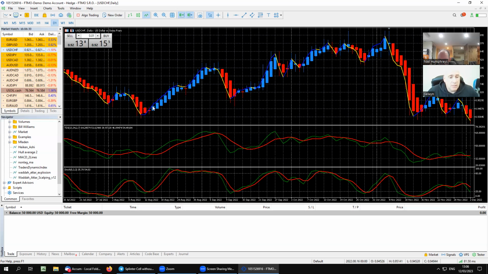Normal candles form at the end of the candle, don't they? These are formed at the beginning of a candle. So when this red one finishes that period, that day at midnight, this will form, and it's got a decent-sized body, which shows a decent trend here.